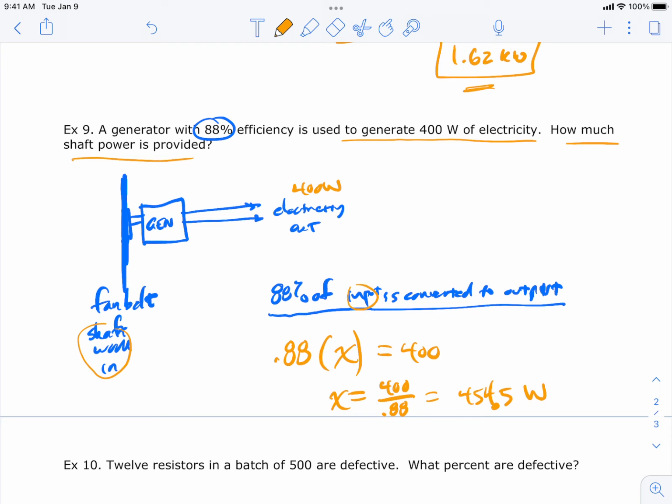That is how much you would have to put in. That would have to be the shaft work. You have to put in more than you get out. If you want to get out 400, you're going to have to put in more than that because you're going to lose some of it in the translation, so to speak. You always lose some in changing the form of the energy.